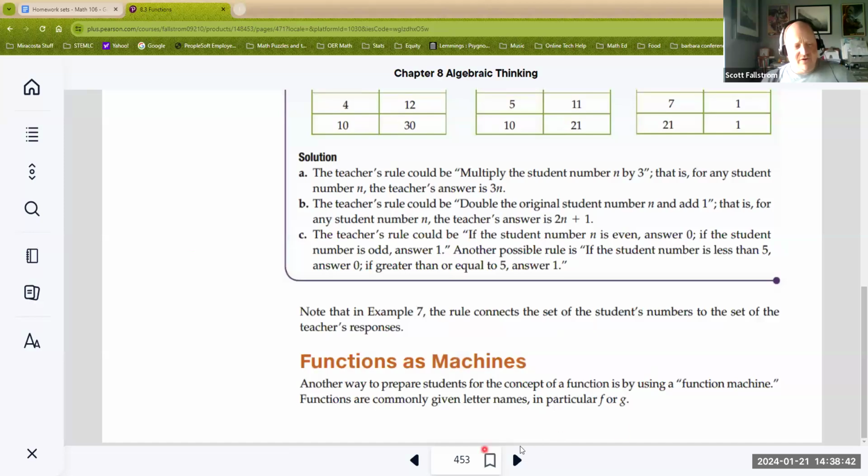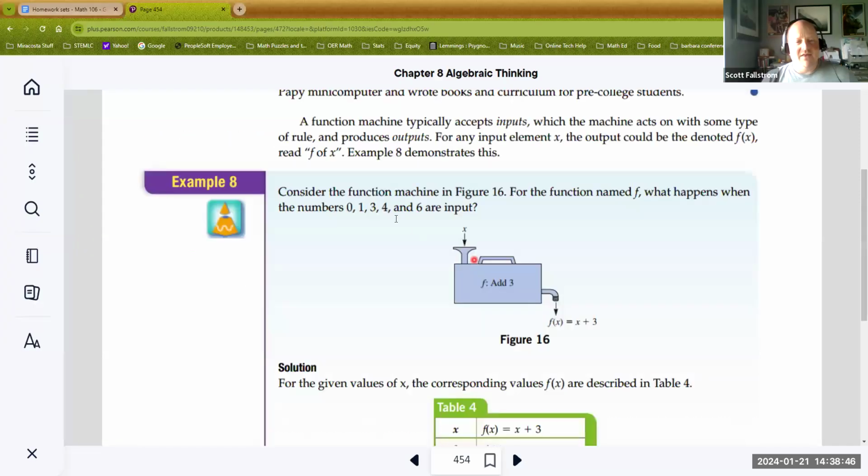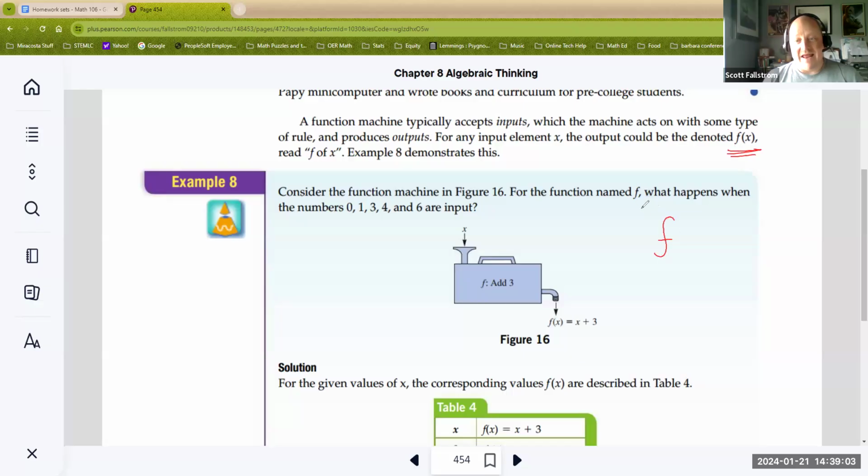All right. Now let's move on with a couple more pieces. We can actually look at functions as a machine. The idea being that we take a machine that puts something in and gets something out. Now this notation that we get out is called function notation. So function notation, we tend to write it as f, which is the name of the function. And we tend to write parentheses, and then we always write what your input value is.